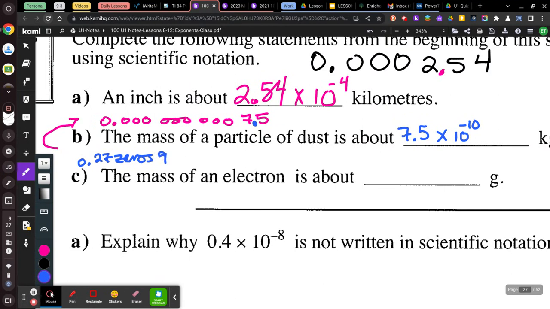So we would have to move our decimal right here. So how many spaces are between them? I would have 27 and then the extra 1. So how many places did it move? 28. So I would have 9.0 times 10 to the -28.